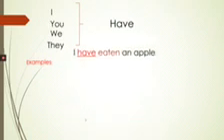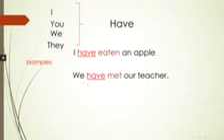I have eaten an apple. Here we have have after I, and then eaten is the PP, the past participle, or the third form of eat. Another example: we have met our teacher. When I say we, we have to use have, not has, okay? Met is the past participle of meet.